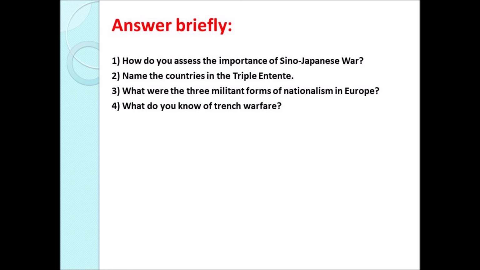Answer the following questions briefly. First question, how do you assess the importance of the Sino-Japanese War? Okay, the Sino-Japanese War took place in 1894 and 1895. In 1894, Japan forced a war on China. The crushing defeat of China by little Japan in the Sino-Japanese War surprised the world. China is a very big country and Japan is a small country, and this defeat of China by Japan surprised the world.